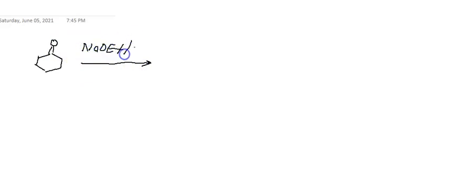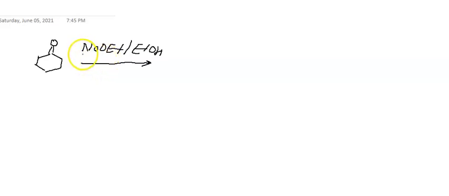See, you are given a compound, a cycloketone, cyclohexanone, and here also mentioned NaOEt with EtOH.